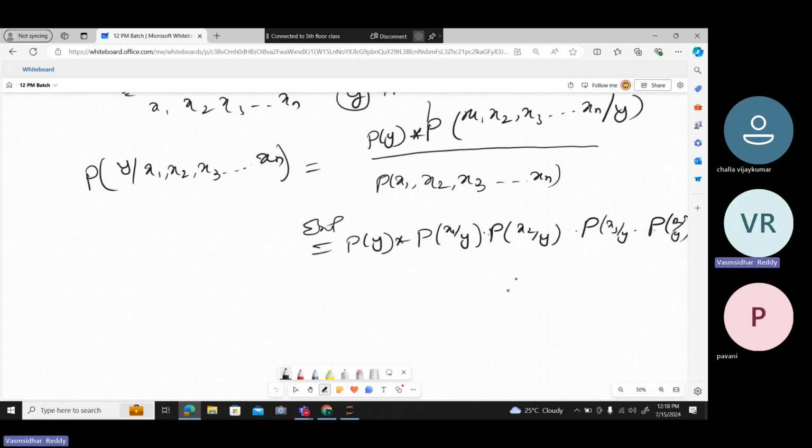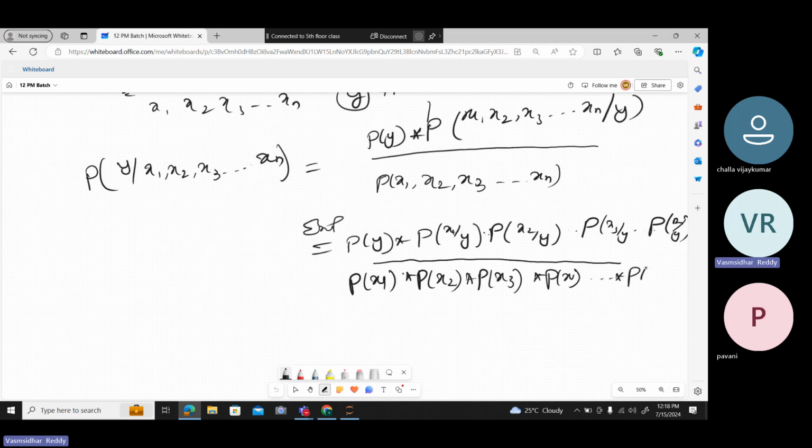Like this only, now we can apply the things. Whole divided by P of x1 into P of x2 into P of x3 into P of x4 and so on up to P of xn. So this is the formula, the process of working.